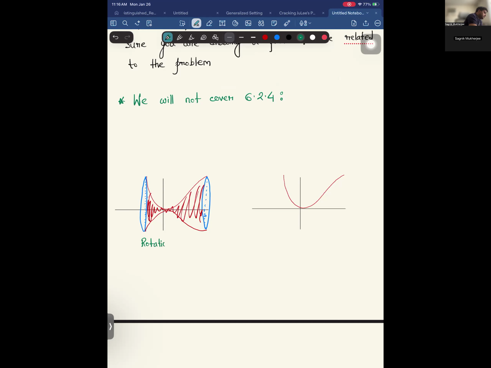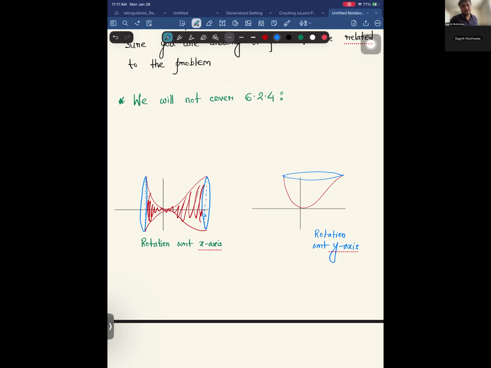This is rotation with respect to the x-axis. And if I do rotation with respect to the y-axis, this is slightly better to draw. So this is rotation with respect to the y-axis. I take a graph, rotate it with respect to the x-axis, I get a solid object. I rotate it with respect to the y-axis, I get another solid object.